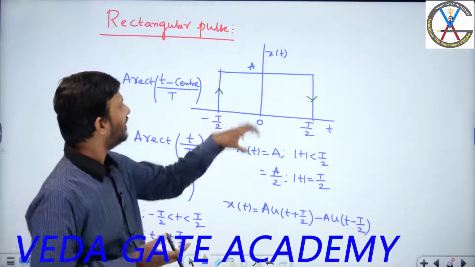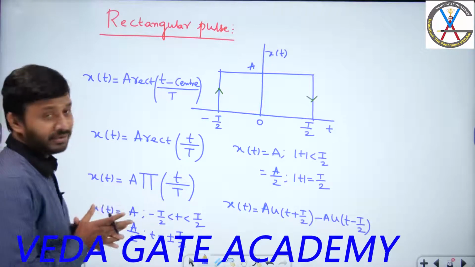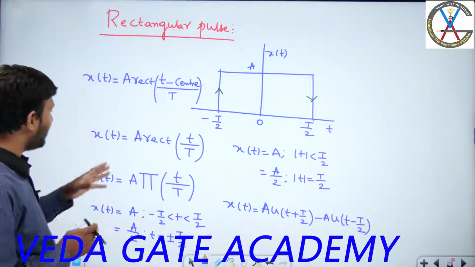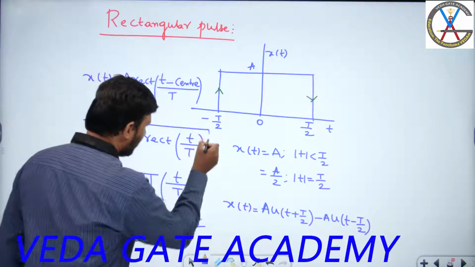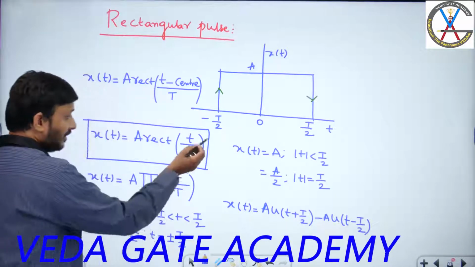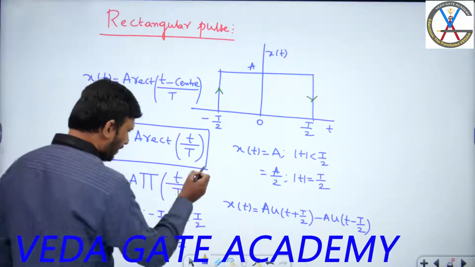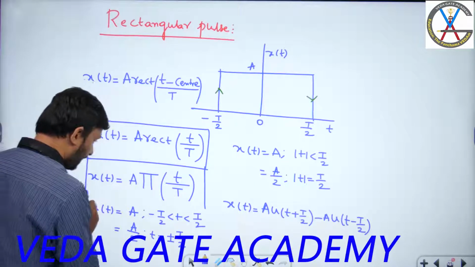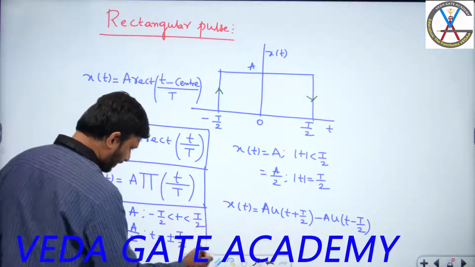So this is the definition of rectangular pulse, which plays a major role. So what is the generalized representation? The first representation is amplitude, name, independent variable minus center. As center is 0, here independent variable by overall duration, or you can write like this.